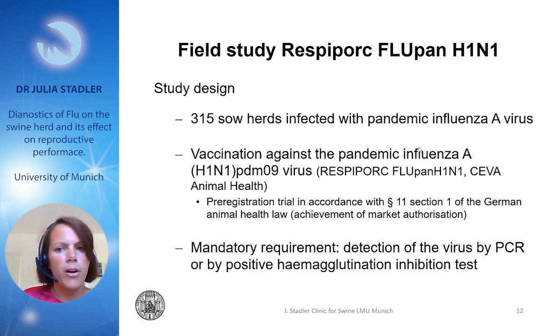Those herds were part of an extended field study conducted to achieve market authorization for the vaccine Respipork Flupan H1N1 in Germany. Requirement for the vaccine approval in this pre-registration trial was either the detection of pandemic influenza direct by PCR or indirect by hemagglutination inhibition.